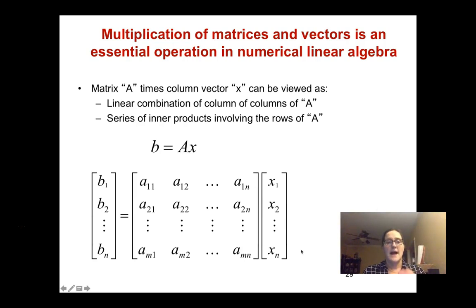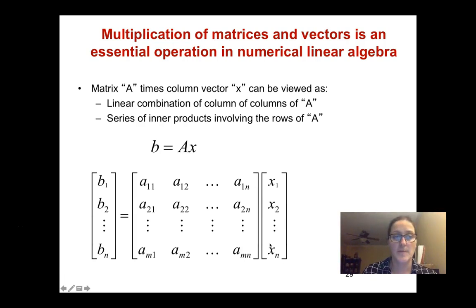I can proceed with the multiplication because my matrix has the same number of columns as my vector has rows. I apologize, I think I said that this has n columns. So I have an m by n matrix and an n by 1 vector, and I can go and multiply them.